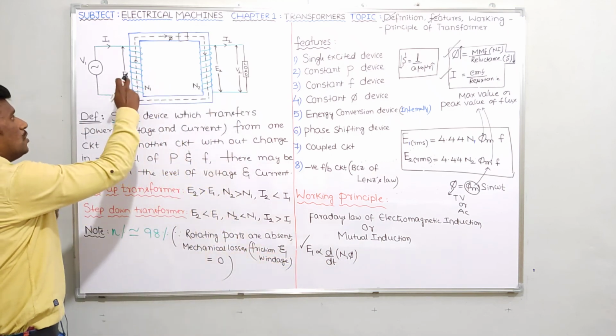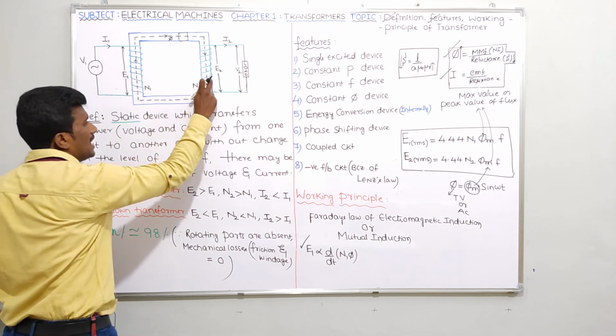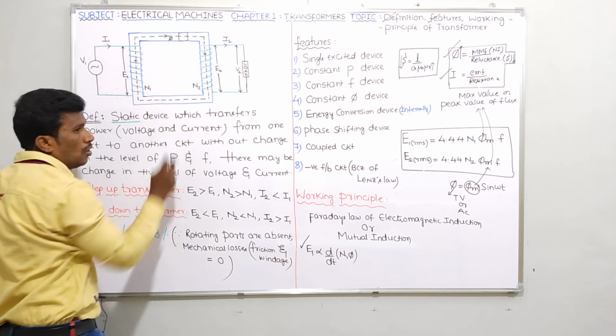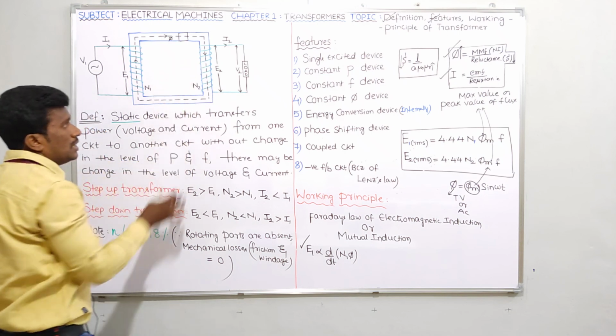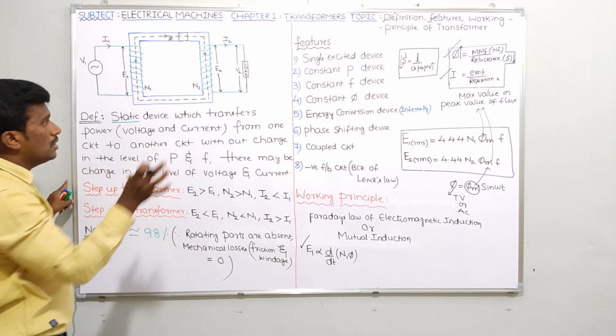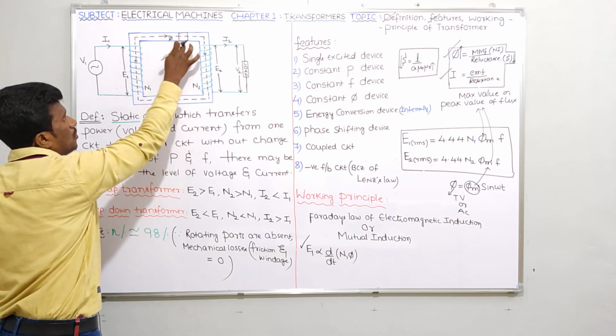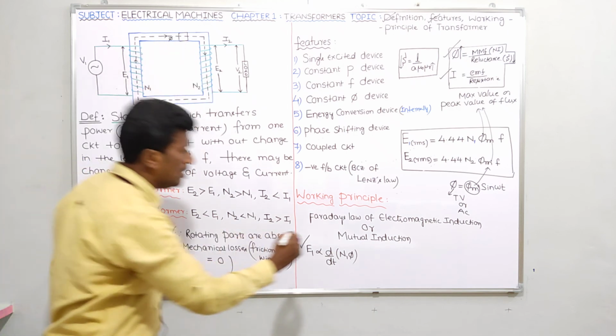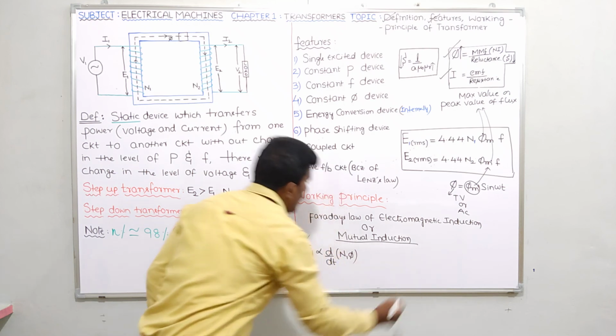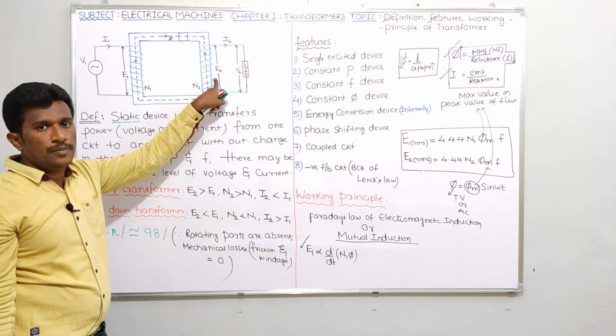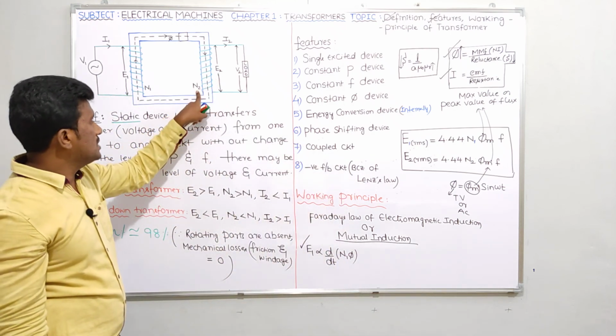Then the same flux will go from primary side to secondary side through the transformer core. It links with the secondary winding. Please try to understand, the same flux goes from primary side to secondary side through the transformer core by mutual induction, and links with the secondary winding. Secondary winding has number of turns N2.